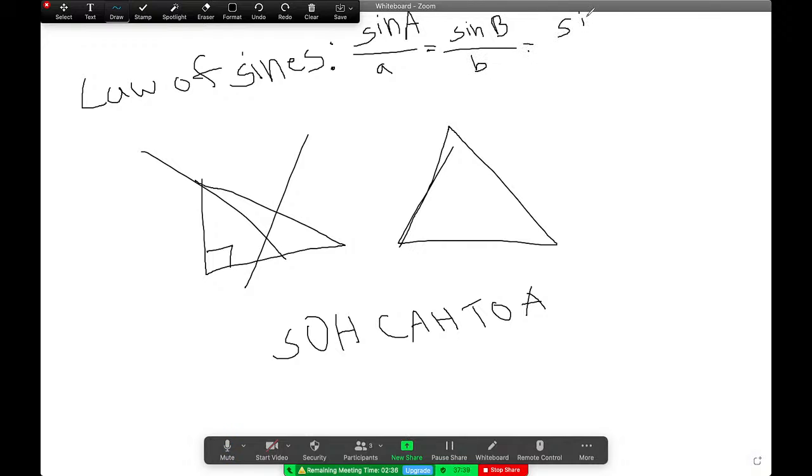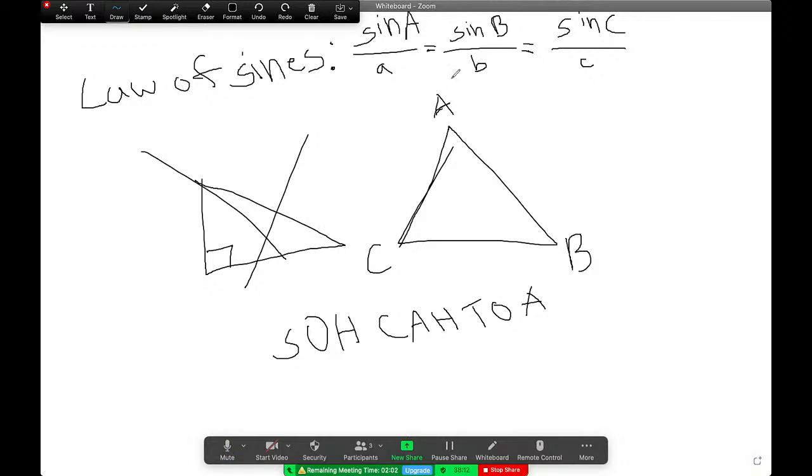Yeah, good job, Sadat. This is well said. But what are actually A and B and C? So let's label the triangle real quick. Your triangle might not look exactly the same as this, but it's the same principle. Let's say you have A, B, and C. These are just the angles, by the way, and the sides are opposite these angles.